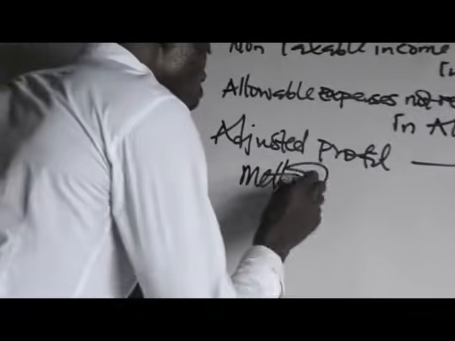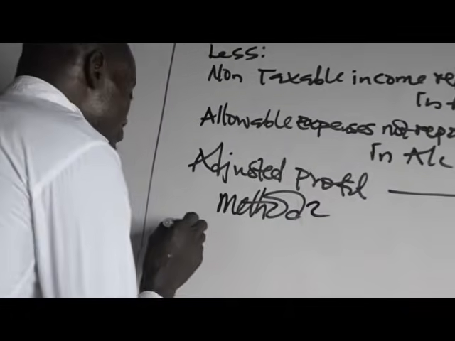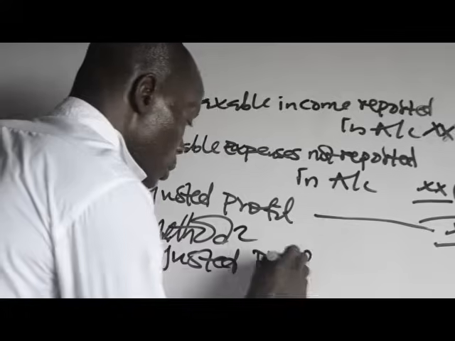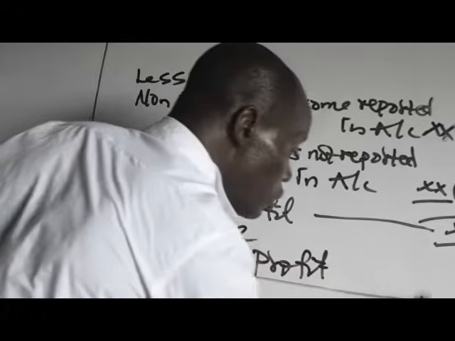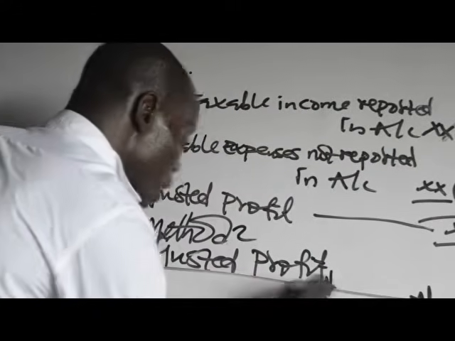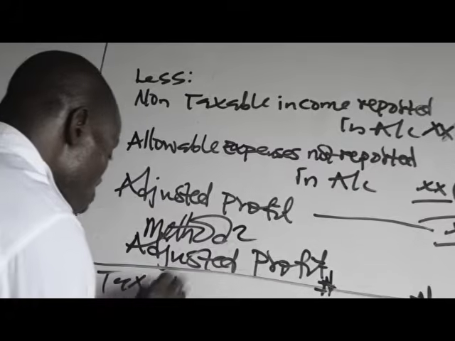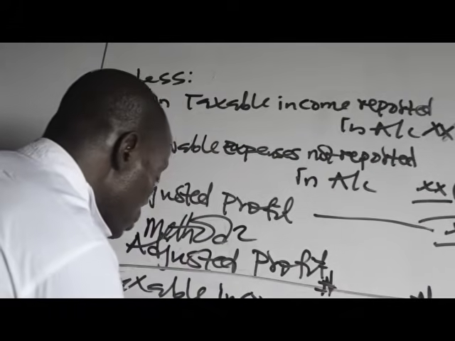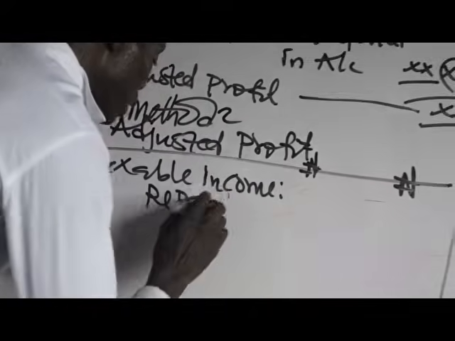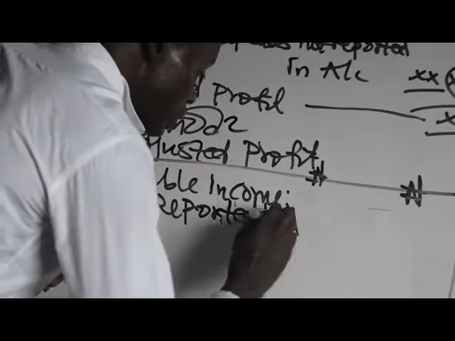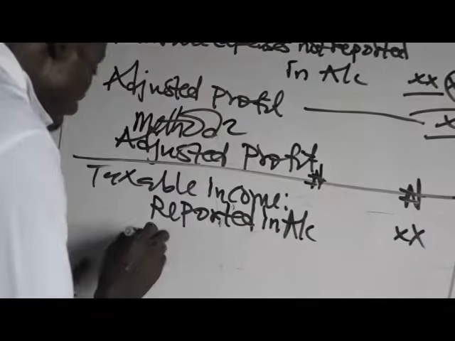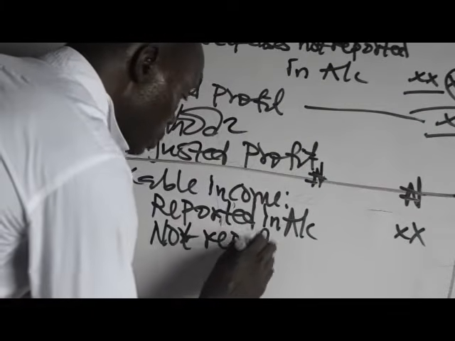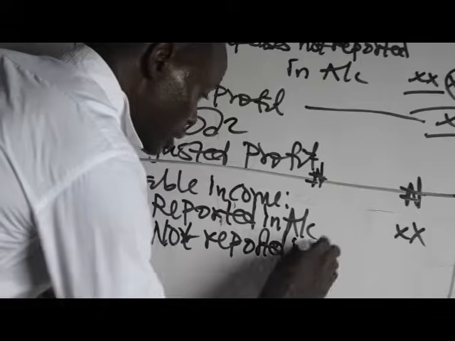In method 2, computation of adjusted profit starting with the taxable income reported in account, and the taxable income not reported in account.